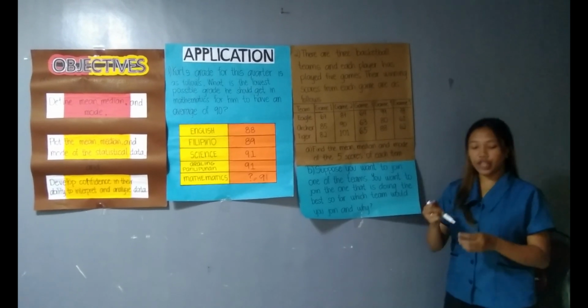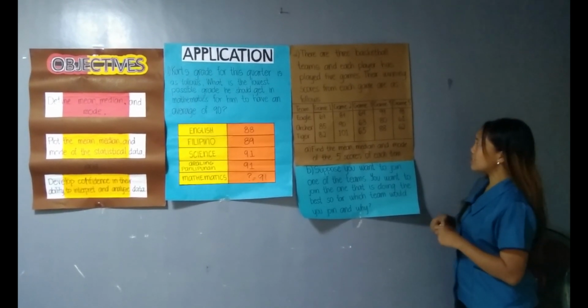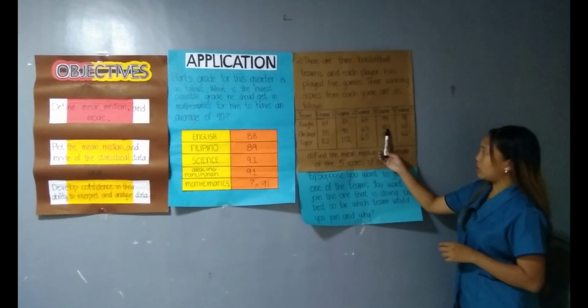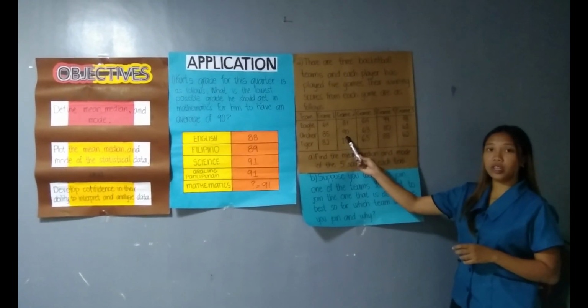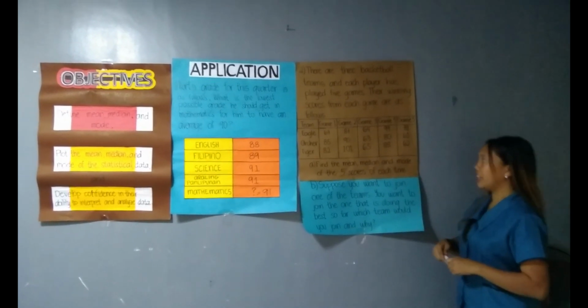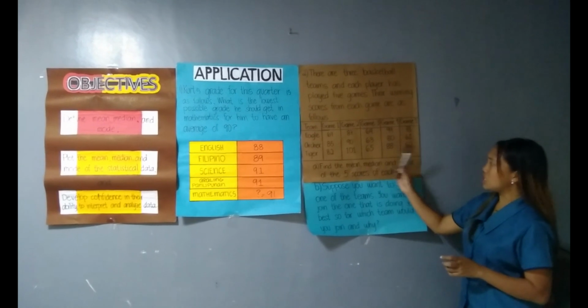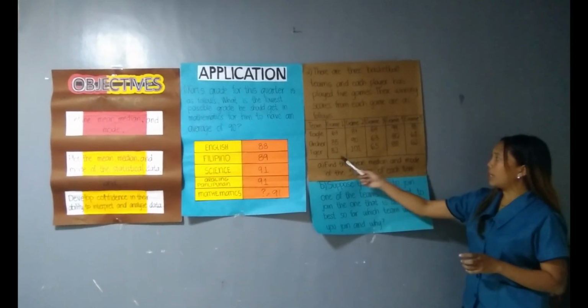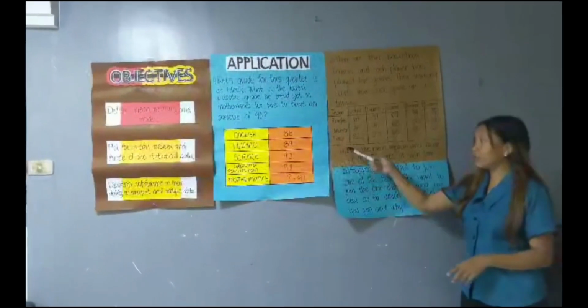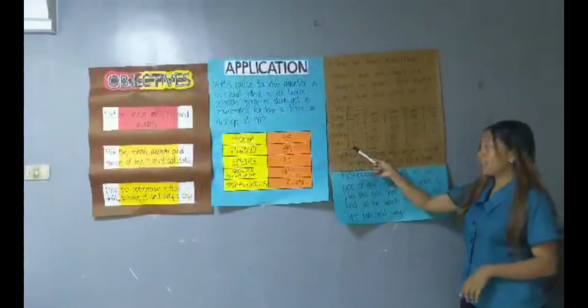And for the Archer, it is 61, 63, 80, 85, 90. So their median is 80. And for Team Tiger, 62, 65, 82, 88, and 101. So our median here for the Team Tiger is 82.